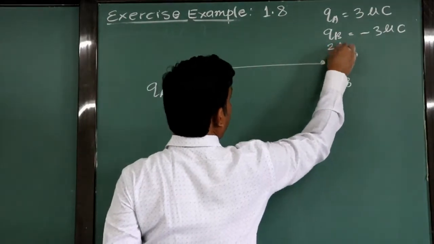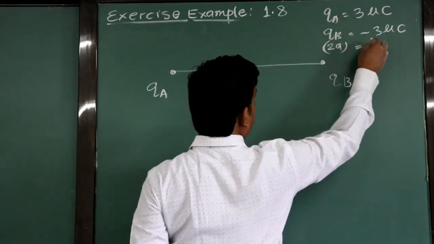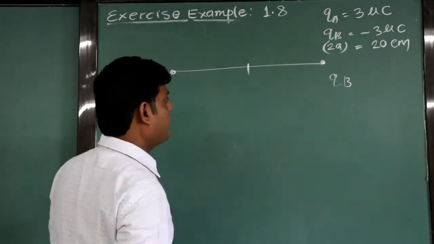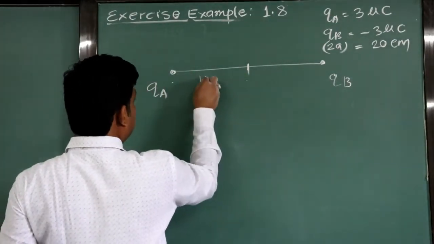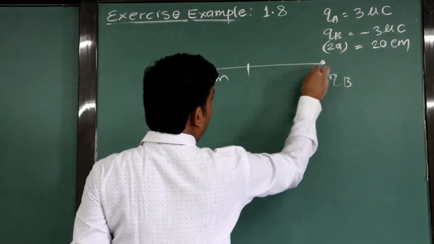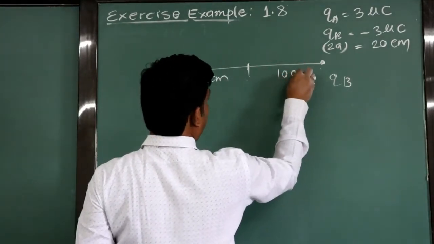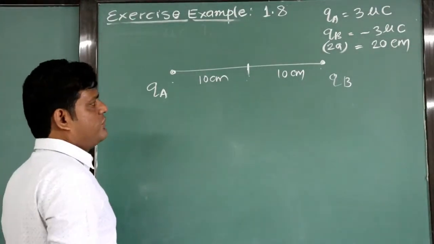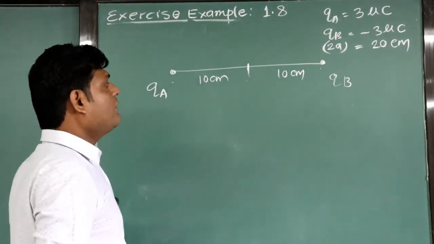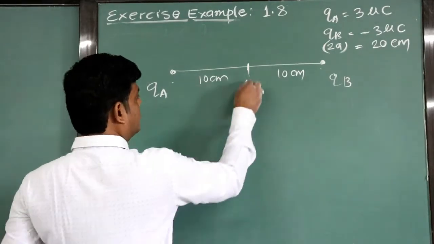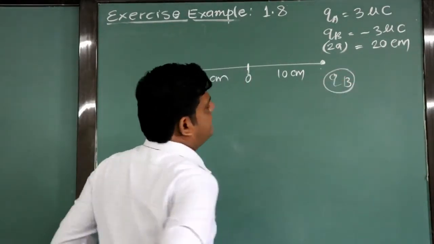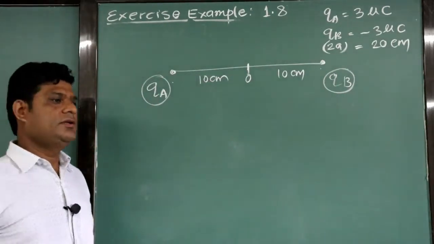So the distance 2A between the two charged particles is 20 centimeter. From the center O to A is 10 centimeter, and center to B is also 10 centimeter, that is 0.1 meter. The first question: find out the electric field at O due to the first charge and due to the second charge. Simple question.